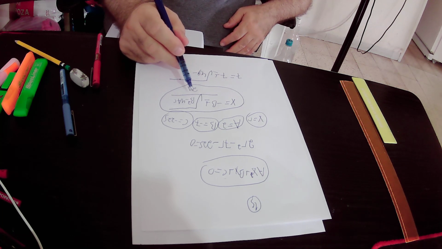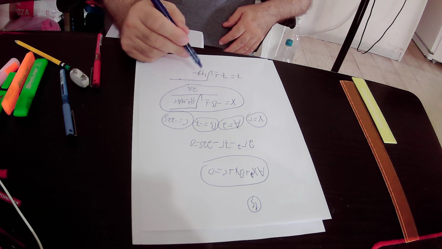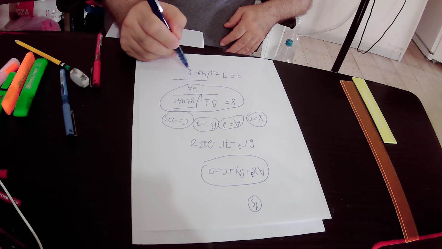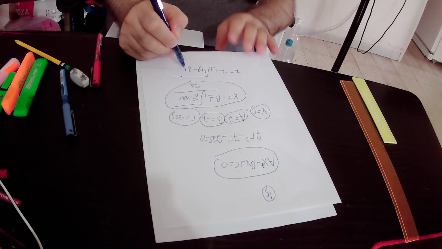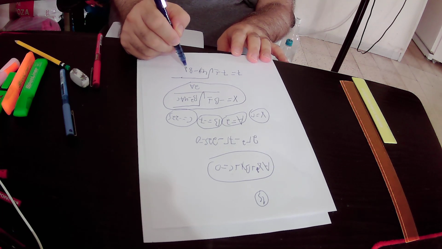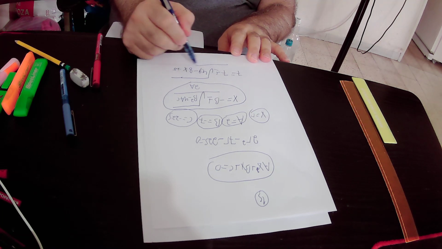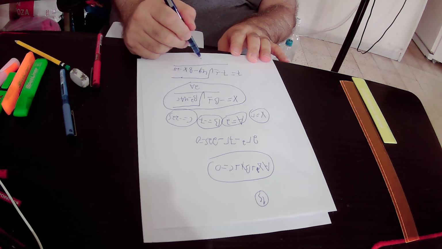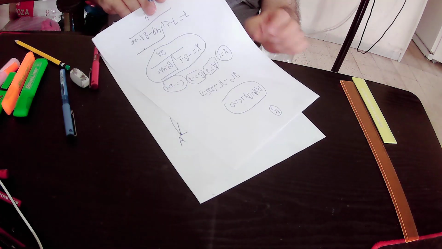Minus 4 times a, which is 2, is minus 8, times c, which is minus 225, over 2 times a, which is 2 times 2, is 4.